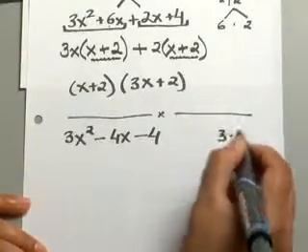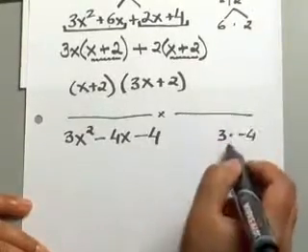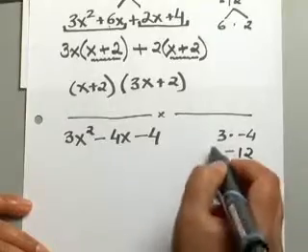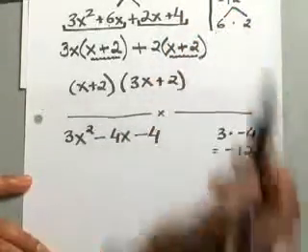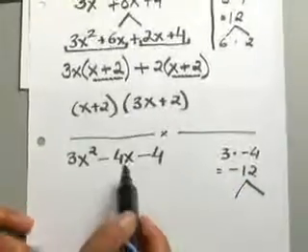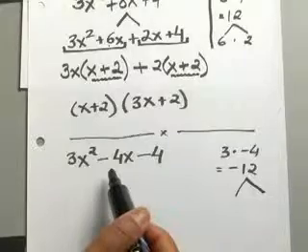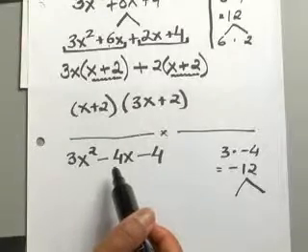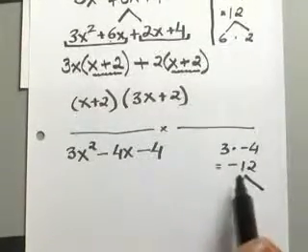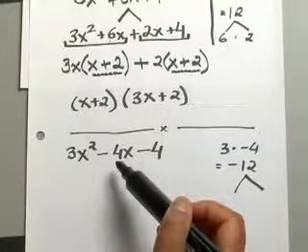This time you have 3 times negative 4 because your last term is a negative now, which will give me a negative 12. Okay? Now you need to find factors of negative 12, which will add up to give us the middle term, which is a negative 4. So let's see what will work this time. Two numbers that will multiply to give us negative 12 and add to give us negative 4.